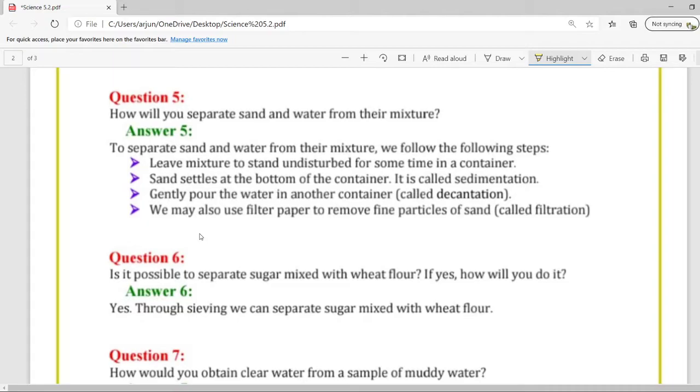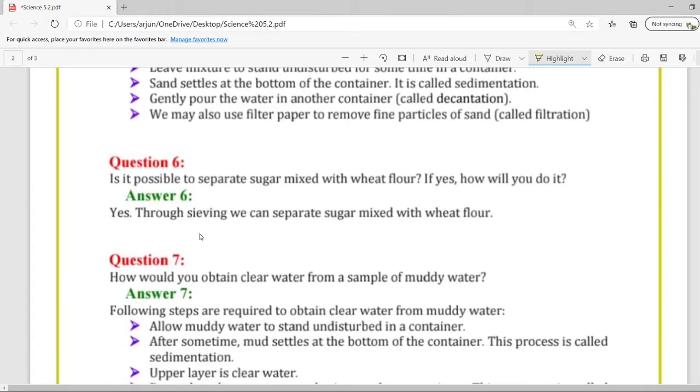Sand settles at the bottom of the container. It is called sedimentation. Gently pour the water into another container, which is called decantation. And we may also use filter paper to remove the fine particles of sand present in the water, which is known as filtration.